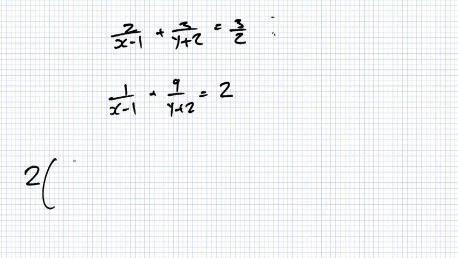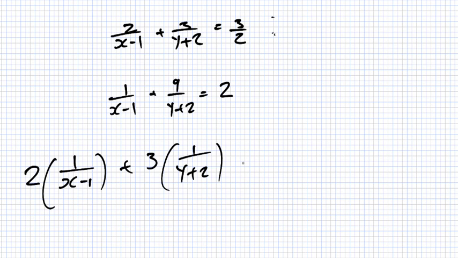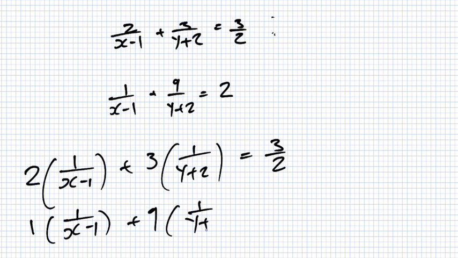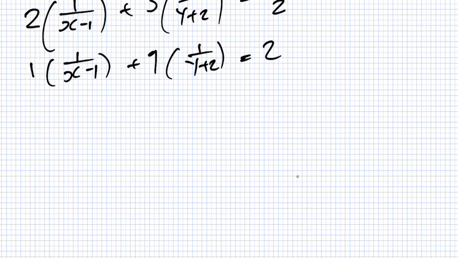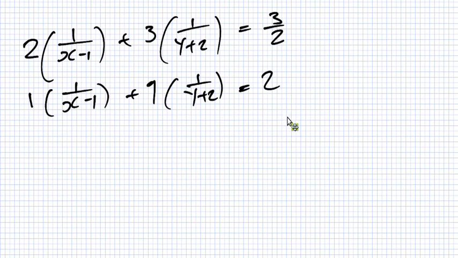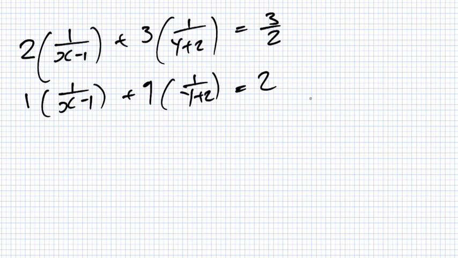2 times 1 over x minus 1 plus 3 times 1 over y plus 2 equals 3 over 2. And then 1 times 1 over x minus 1 plus 9 times 1 over y plus 2 equals 2. It looks pretty much the same, but I hope by writing it like this it makes the next step a little bit clearer.